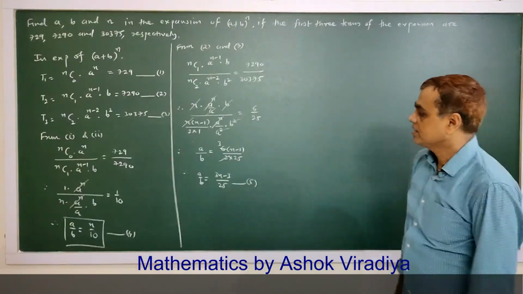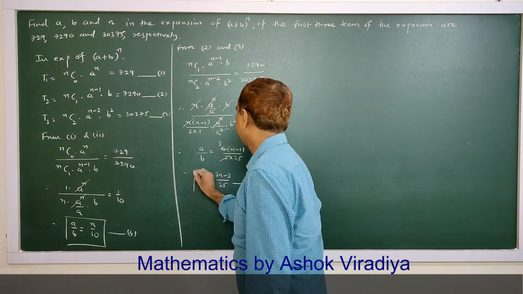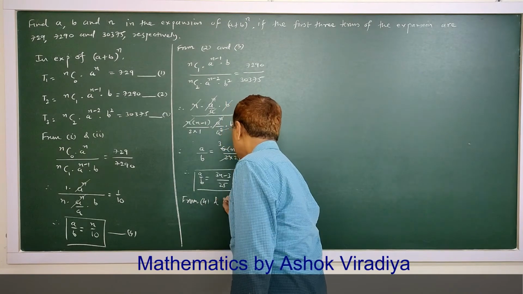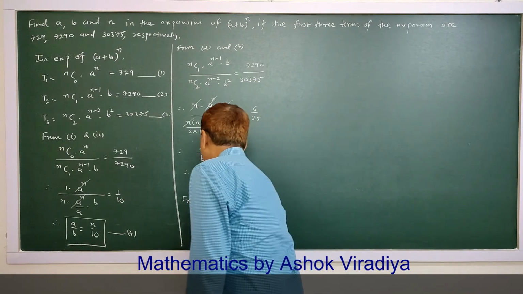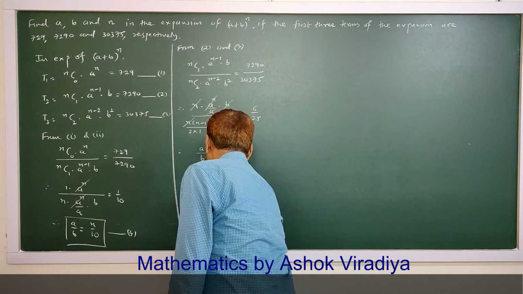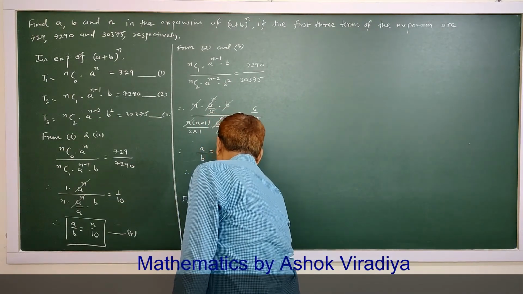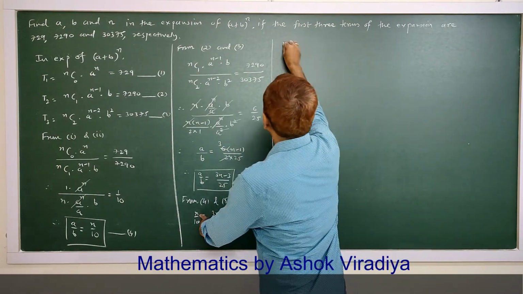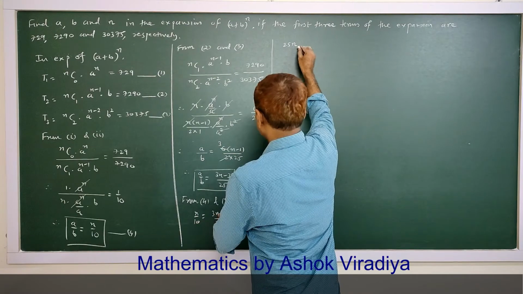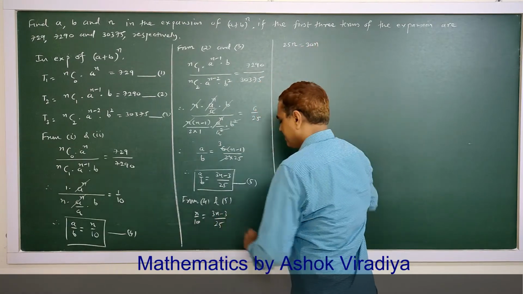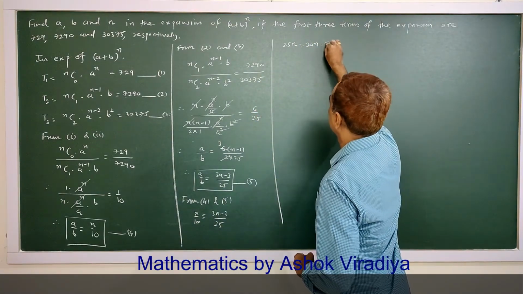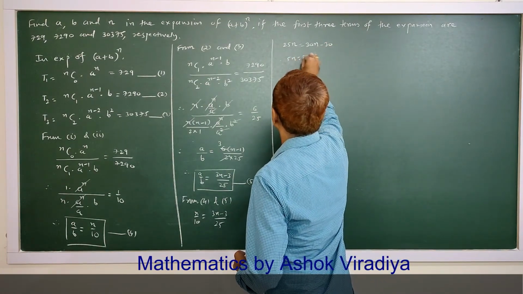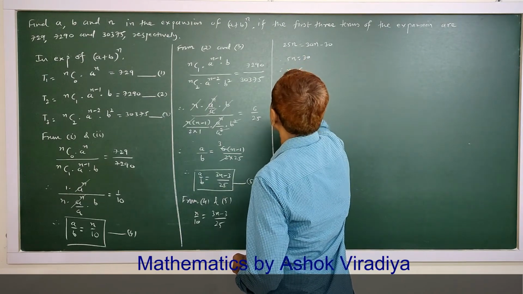Now we compare the values from 4 and 5. So from 4 and 5, n by 10 equal to 3n minus 3 by 25. So therefore 25 into n equal to 30n minus 30. So therefore 5n is 30, so n is 6.